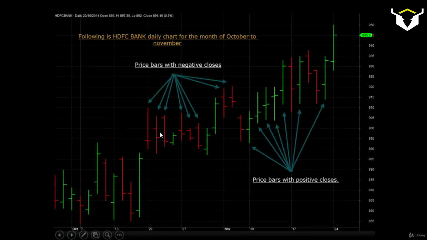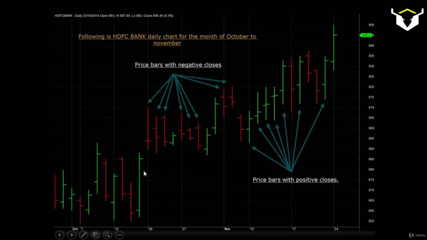Let's go ahead, and you can see arrows pointing out red colored price bars. Take a close look at these bars. The left-hand side horizontal line is your open for the day. The right-hand side horizontal line is your close for the day. You can see that the stock closed below its open. It had a negative close, hence a red colored bar.